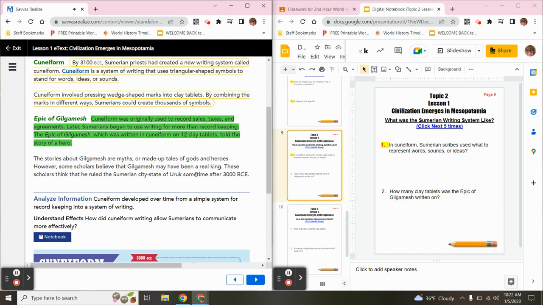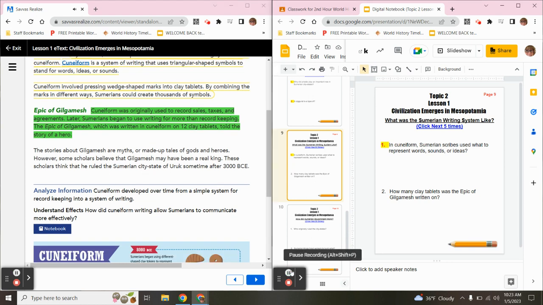The stories about Gilgamesh are myths, or made-up tales of gods and heroes. However, some scholars believe that Gilgamesh may have been a real king. These scholars think that he ruled the Sumerian city-state of Uruk sometime after 3000 BCE.